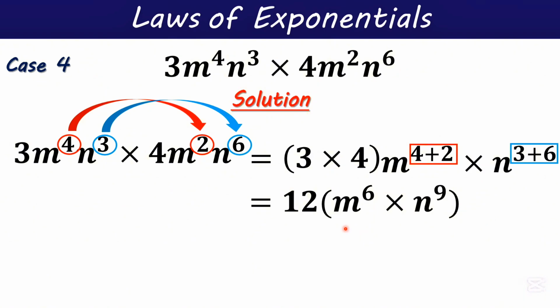After finding the product of 3 and 4, which is 12, we have m raised to the power 6 times n raised to the power 9. This finally gives us 12 m raised to the power 6 n raised to the power 9.